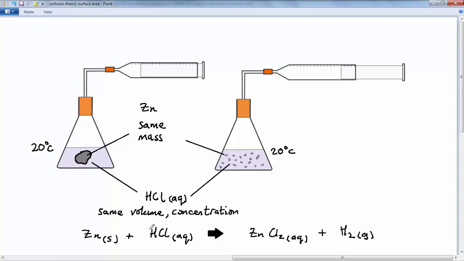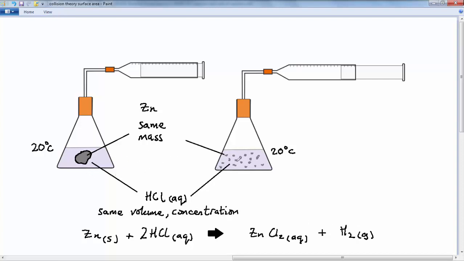Let's balance that. As you can see in this apparatus, there's going to be a difference in the rate at which the hydrogen is liberated in the two flasks because of the difference in surface area.